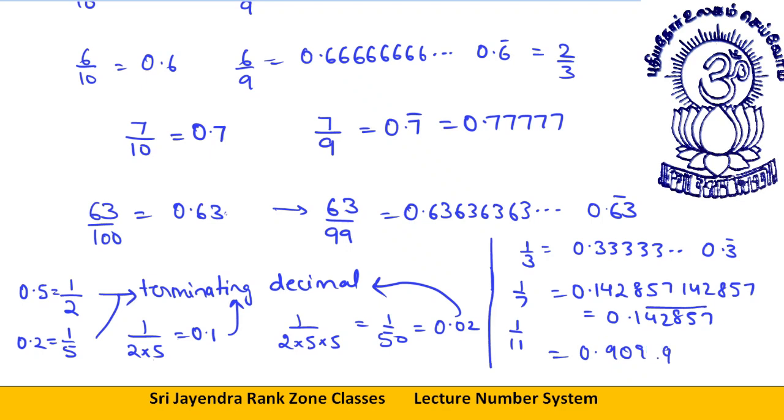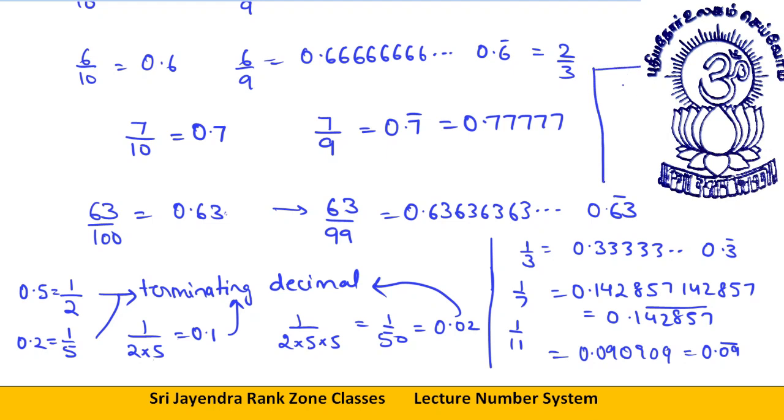So this is 0.090909. So if you have a denominator which contains anything other than 2 or 5, then that will be a non-terminating decimal.